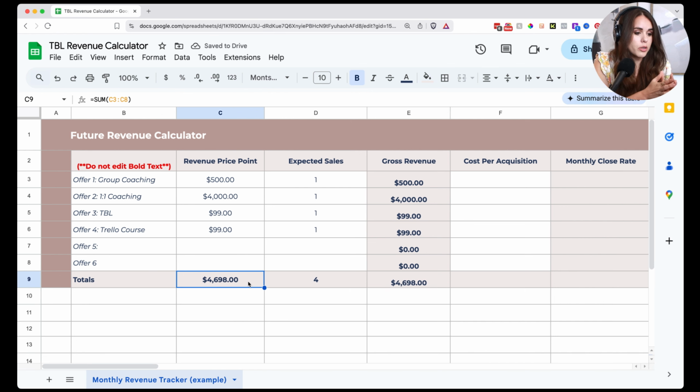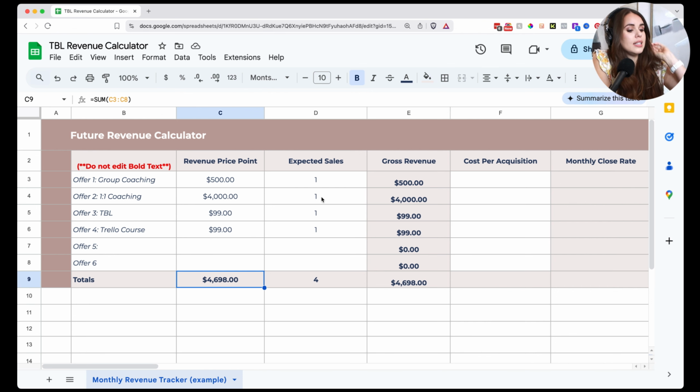This is gross revenue. Now, if I want to think about, okay, I want to make $10,000 a month, or I want to make $20,000 a month, then I'm going to play with how many of these I expect to sell every single month. Of course, you want to be realistic about what this looks like for you right now, but also dream enough to where you're stretching yourself to that next revenue milestone.